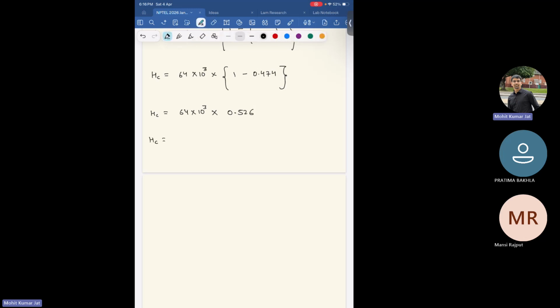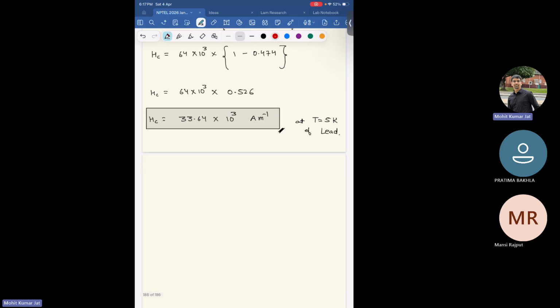And if I just do the calculation multiplied with the 64, it will be around 33.64 into 10 power 3 inverse. So this is the critical magnetic field at temperature T equals 5 Kelvin of lead. Okay, this is about lead.